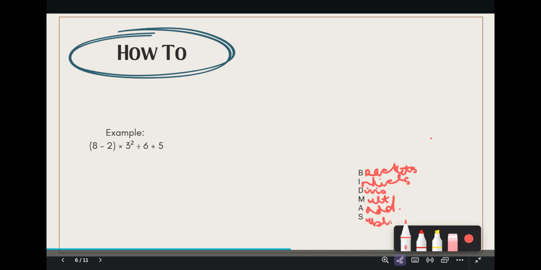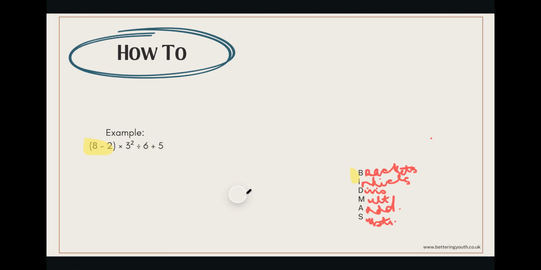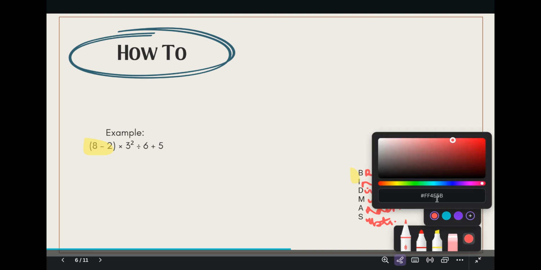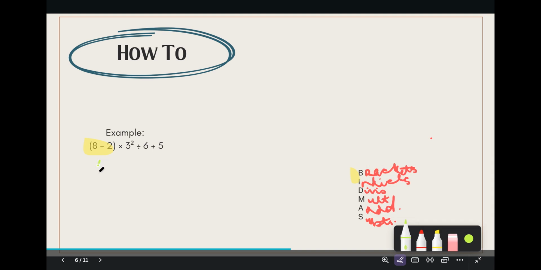So knowing this, let's go through our example. First things first, do we have any brackets? Yes, so brackets we do have right there and here. So what I'm going to do then is I'm actually going to go through my brackets first. So I'm going to do 8 minus 2. So 8 minus 2 is 6.